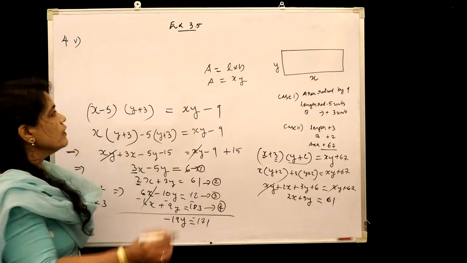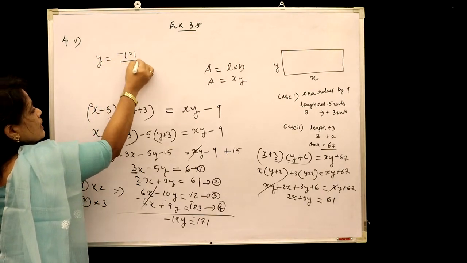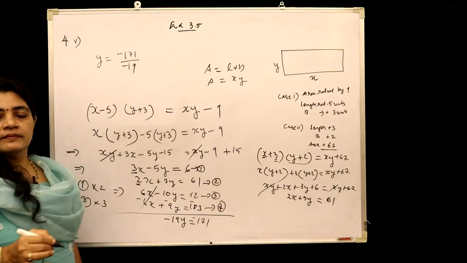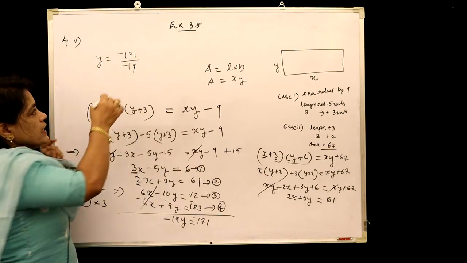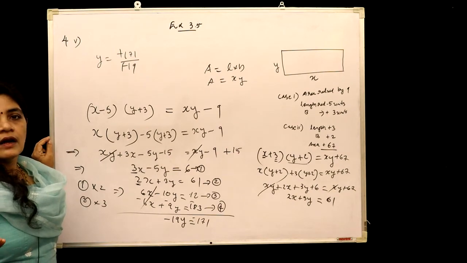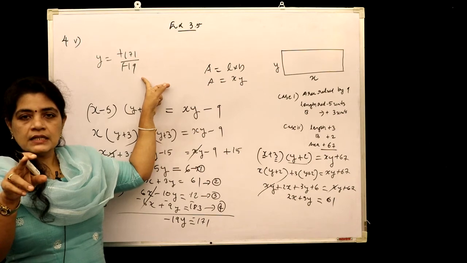Okay, in the next step we will get y by dividing negative 171 by negative 19. Since 19 is a prime number, the negative sign gets cancelled.